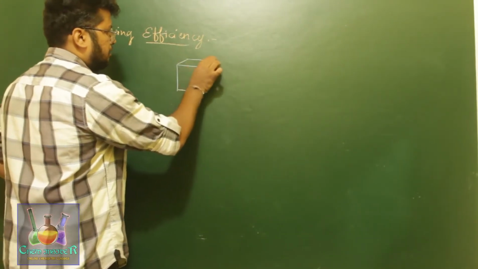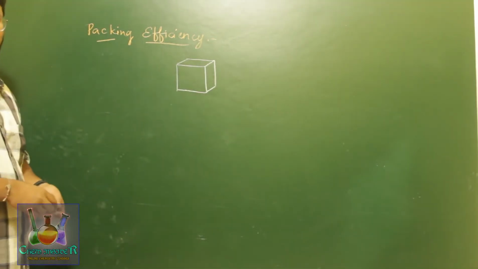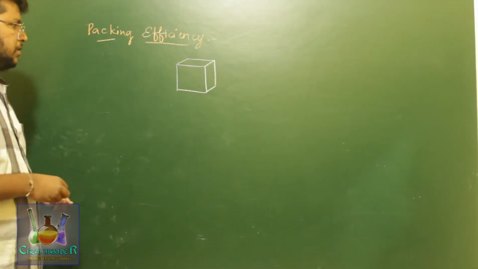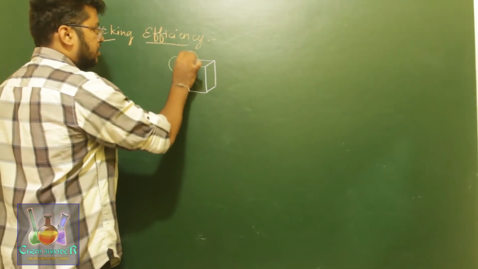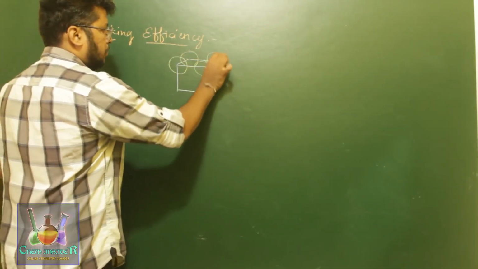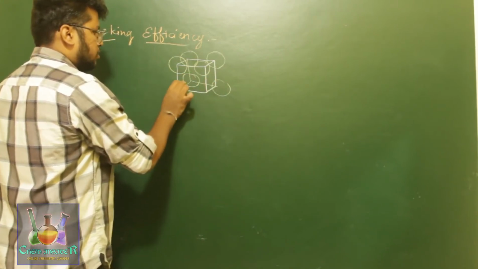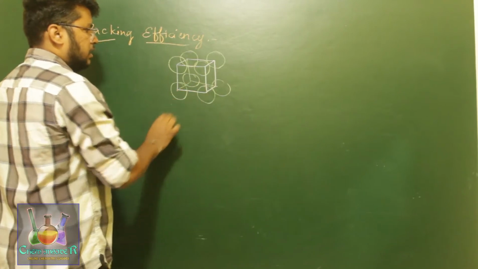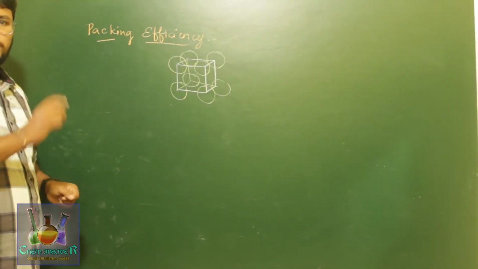as we have discussed, there are particular types of unit cells. Let us say I am considering a unit cell of primitive type. This primitive unit cell has 8 atoms present in its 8 corners, right? As we have discussed earlier, these 8 atoms each have 1/8 share in the unit cell.